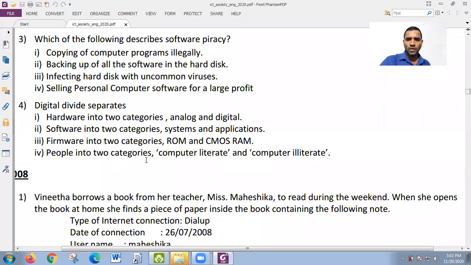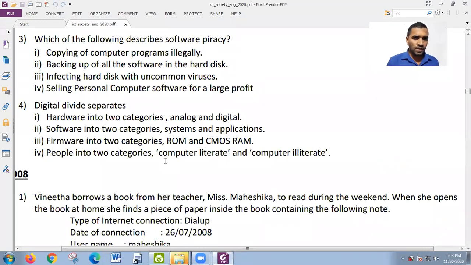Fourth, people into two categories, computer literate and computer illiterate. According to these options, the last one is suitable, because none of the others describe anything about digital divide, because digital divide is related to people, not the devices or the software. So we can simply ignore the first three.